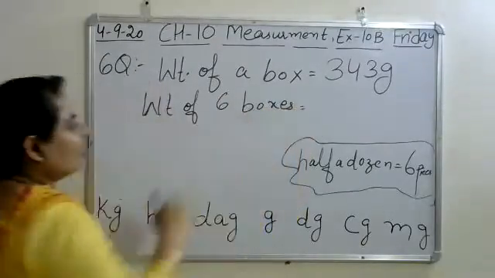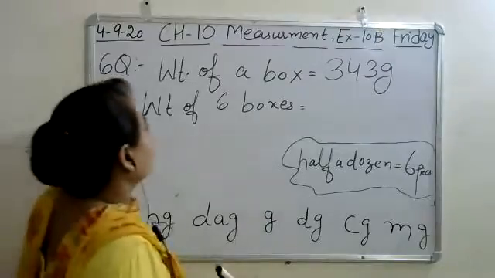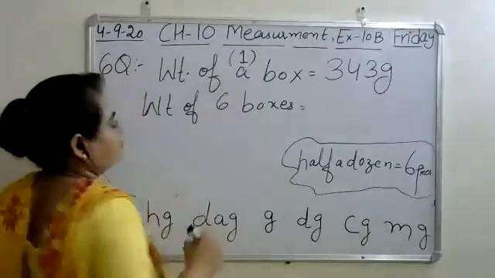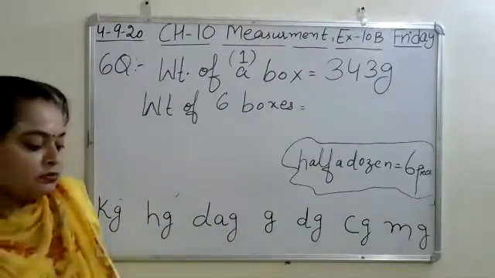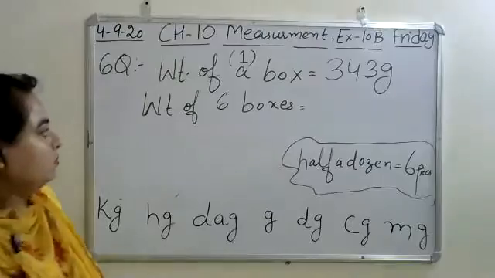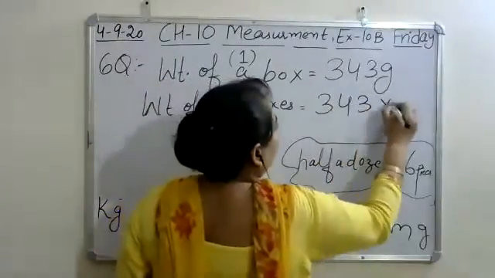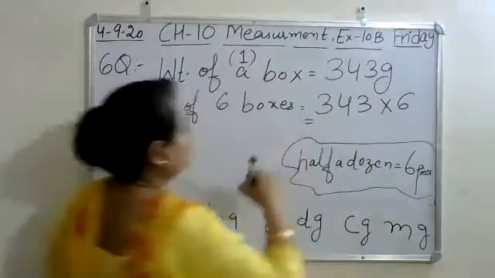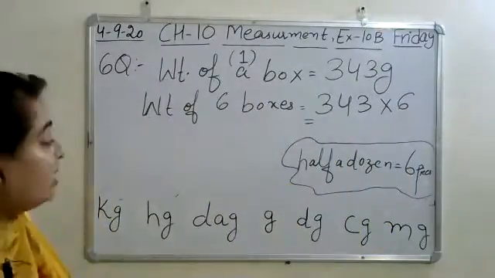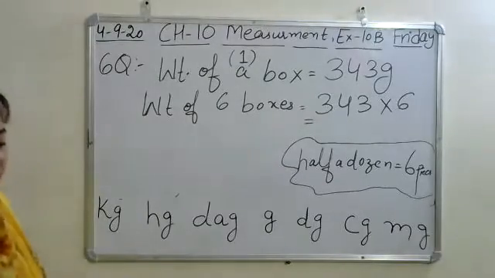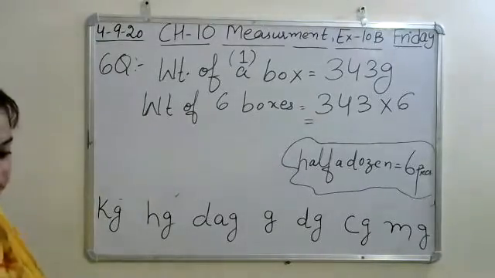Now tell me, how can you find the weight of 6 boxes? The weight of one box is given to you. By multiplying. Yes. So 343 multiplied by 6. Now multiply 343 with 6, all of you, and write down in the chat box. What is the result after multiplication?